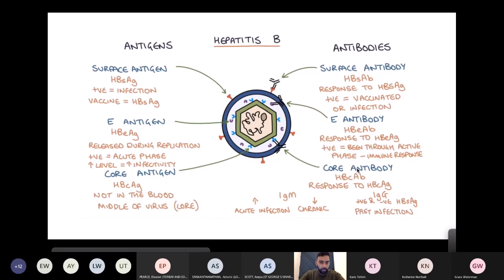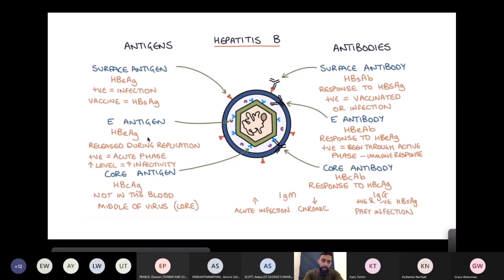There's also the E antigen as well. So the reason this is important is you might have someone with, say, a chronic picture, and you think, okay, they've got a surface antibody, they've been vaccinated, they've got this infection.